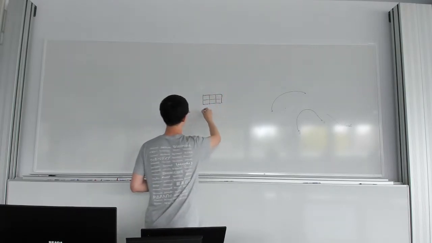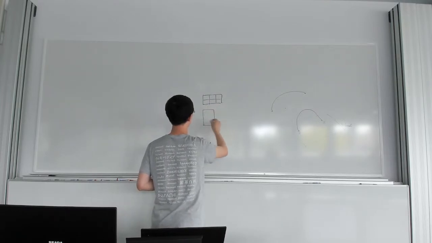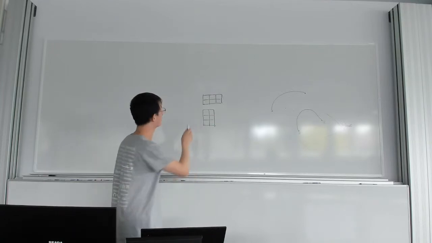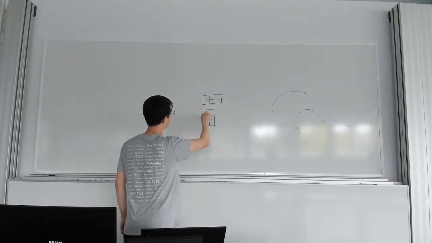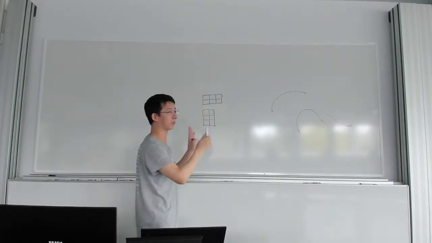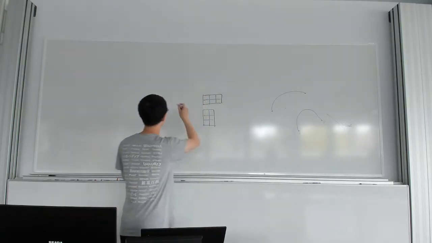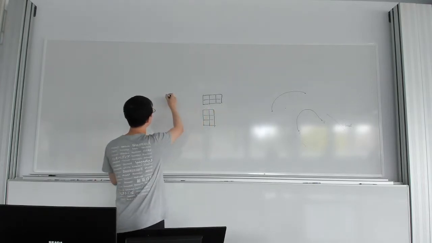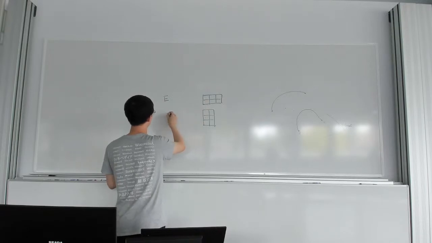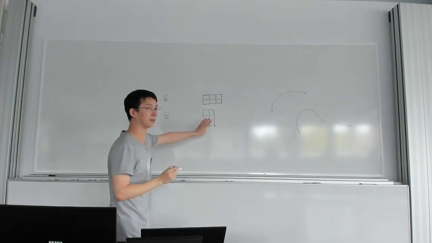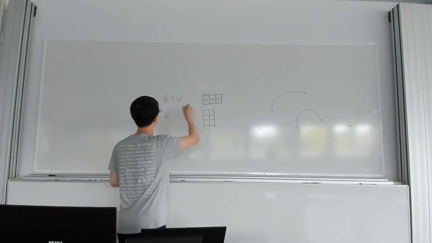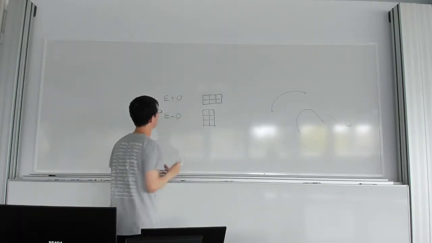This is one sector, this is another sector. As a representation of the permutation group, this representation is actually this representation tensored with the sign representation. Therefore, if you have an even term acting on this space, it also acts the same way on this other space. And if you have an odd term, it gets a minus sign on this space.